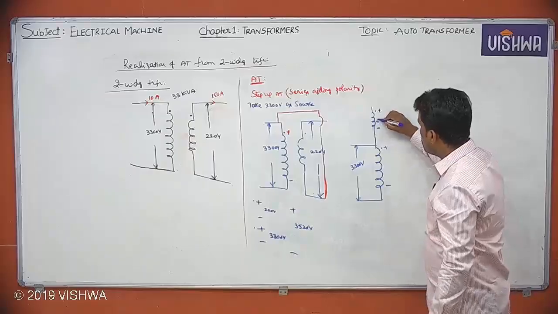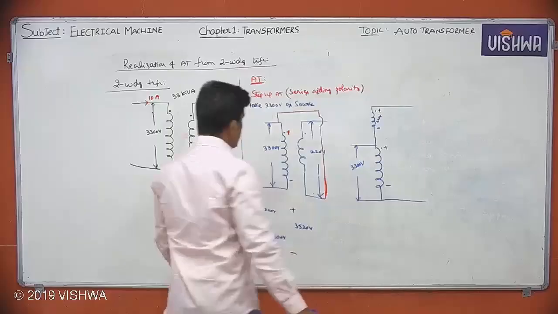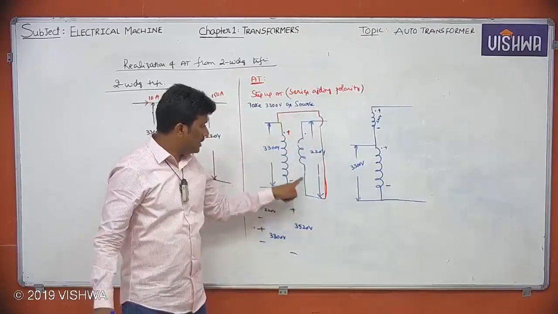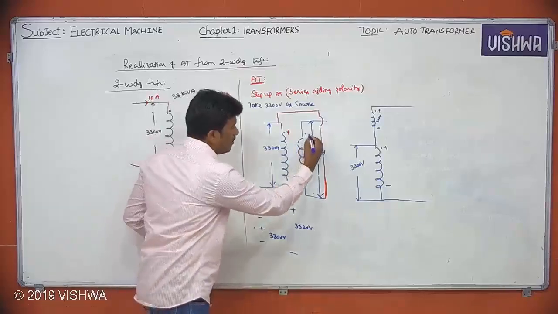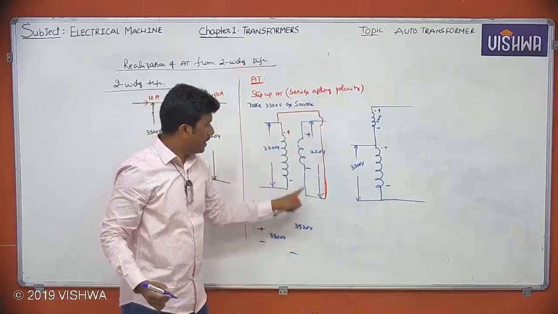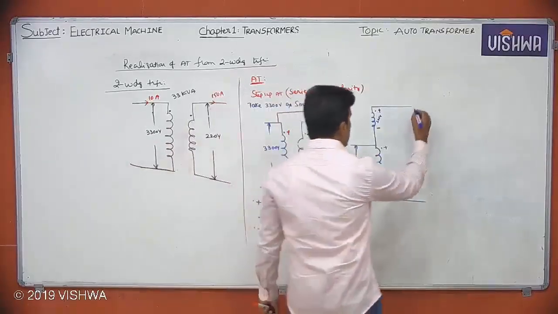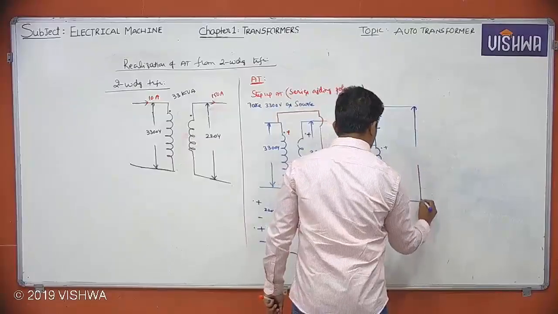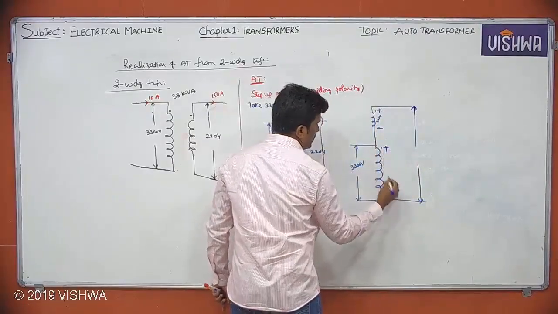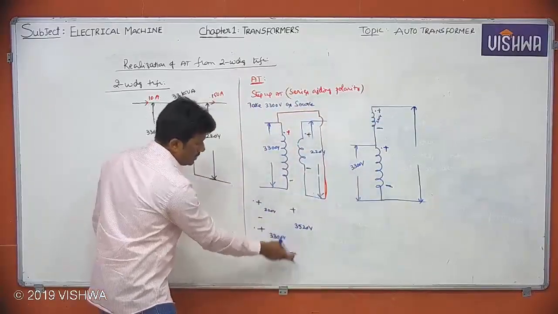This is the 220 volts winding. Observe clearly: to this plus, minus is connected, that's it. Now this is the output voltage. This is 220 volts, this is 3300 volts, 220 plus 3300, how much? 3520.